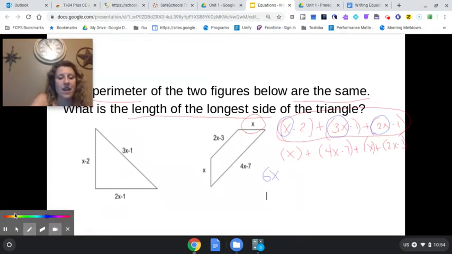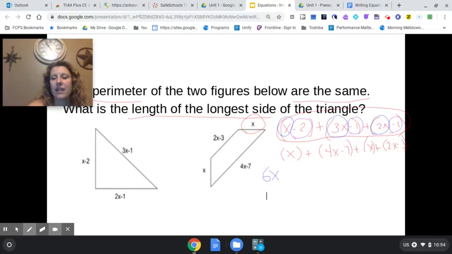Okay, the next set of like terms, we have -2, -1, and another -1. So again, if we add those like terms together, -2 plus -1 plus -1, that gives me -4.